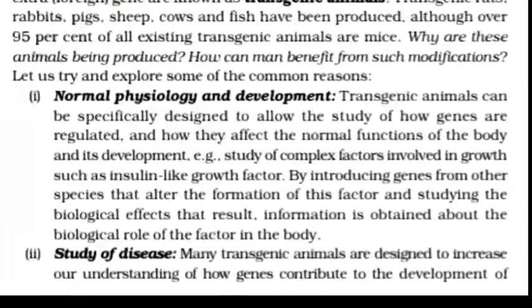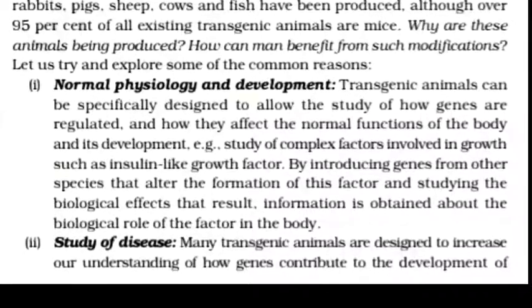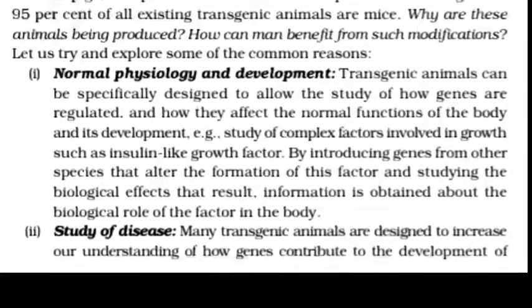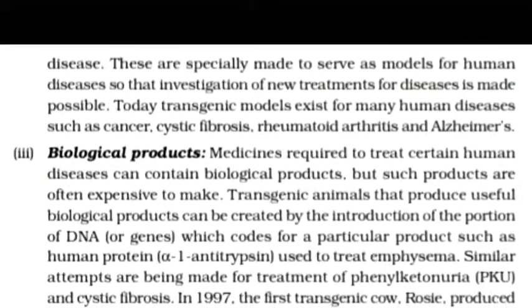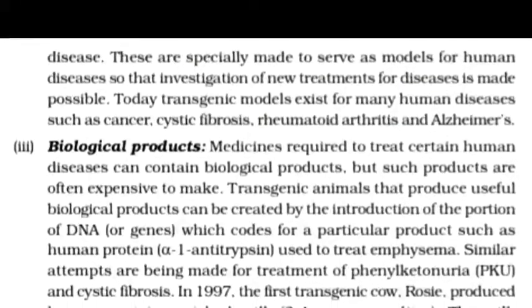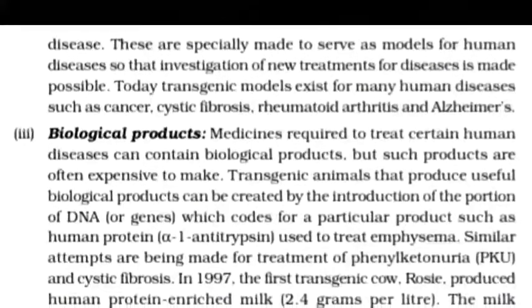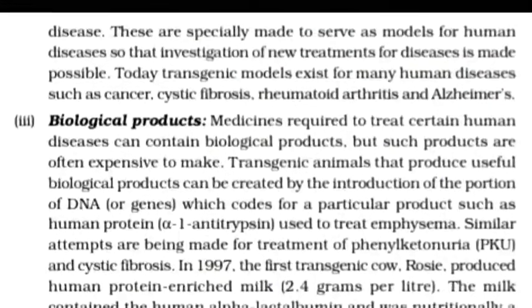2. Study of disease. Many transgenic animals are designed to increase our understanding of how genes contribute to the development of disease. These are specially made to serve as models for human disease so that investigation of new treatments for disease is made possible.